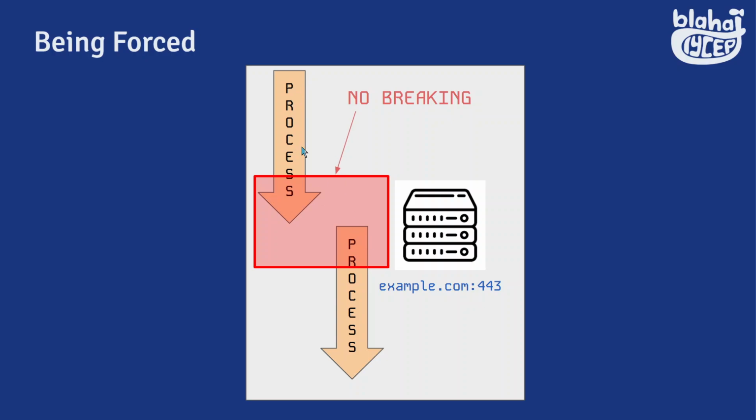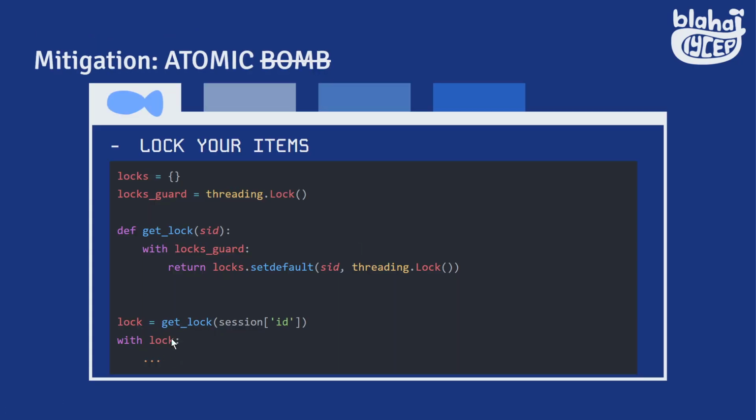And any other request that comes in will have to respect this lock and wait for it to unlock before you can do it, which is with lock. So this with lock means that you need to do it with the lock. If you don't have the lock, you wait until you have the lock before you can run. Alright, doesn't seem too bad.